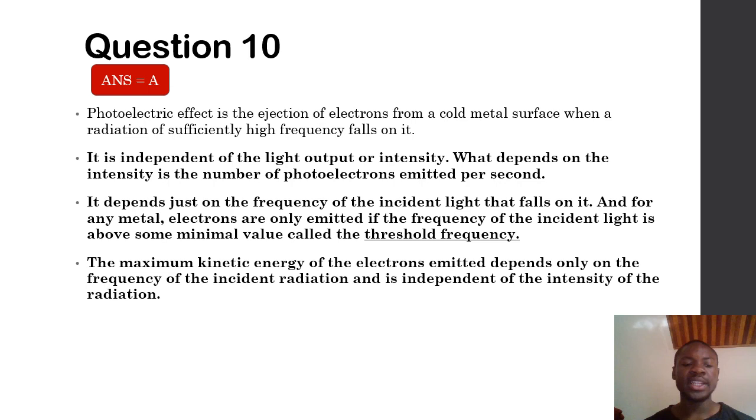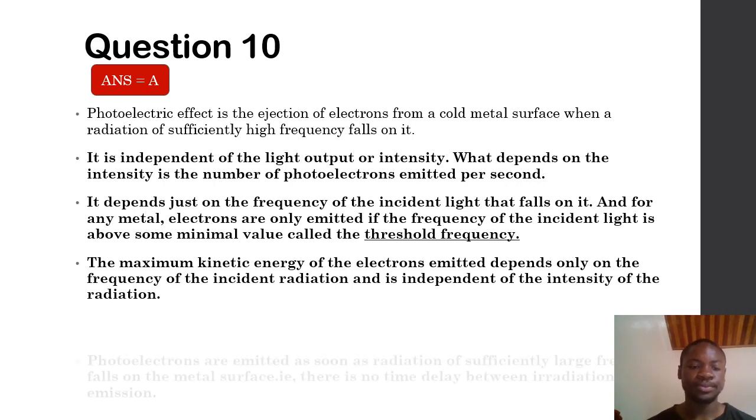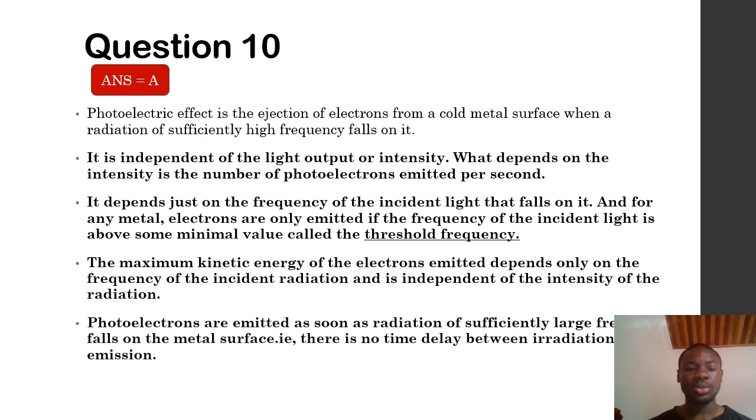And the maximum kinetic energy of the electrons emitted depends only on the frequency of the incident radiation and is independent of the intensity of the radiation. The last one is that the photoelectrons are emitted as soon as radiation of sufficiently large frequency falls on the metal surface. That is, there is no time delay between irradiation and emission.